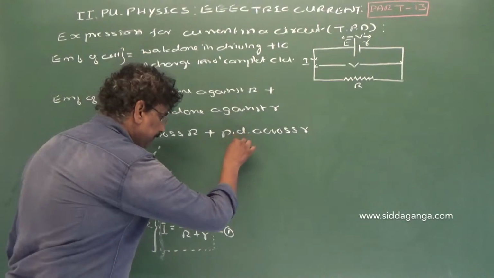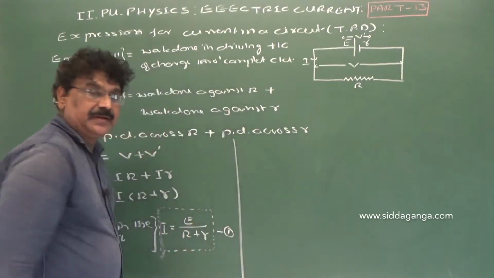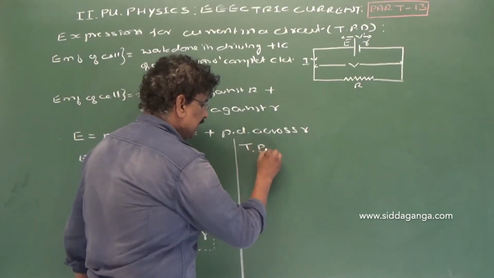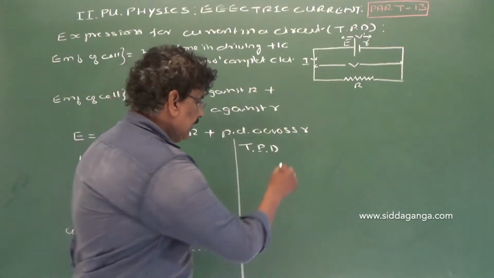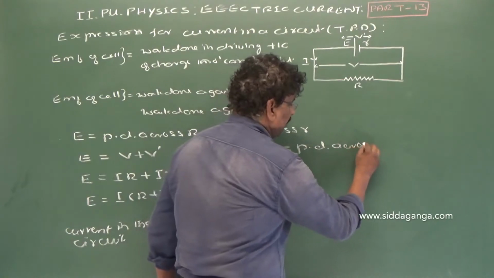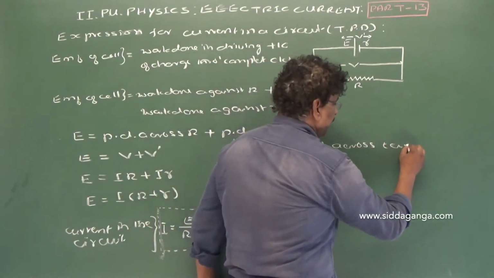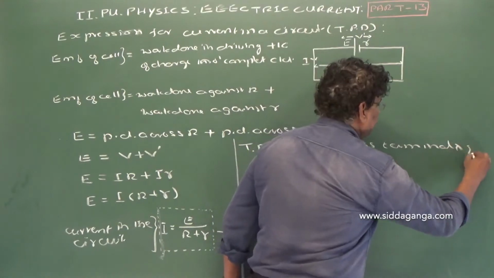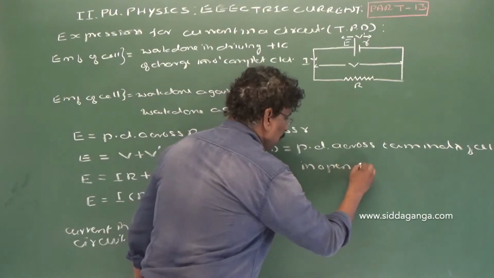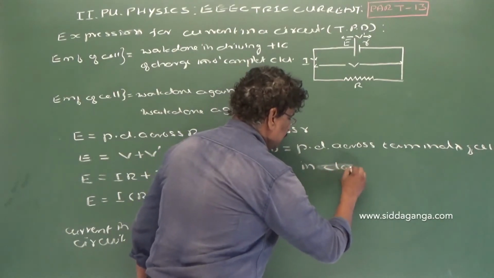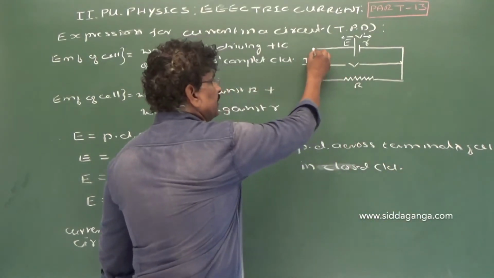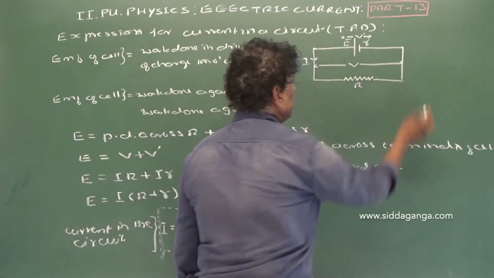Now here this terminal potential difference is equal to the potential difference across the terminals of the cell in a closed circuit, that is the potential difference between these two points.